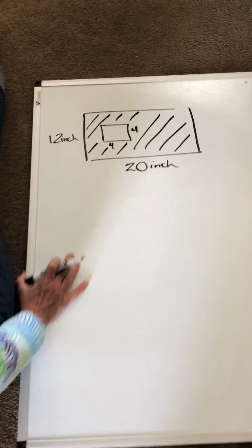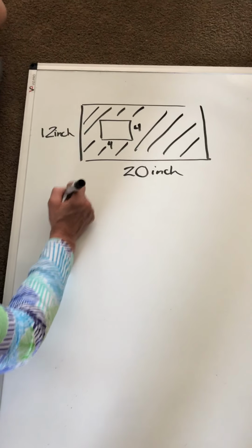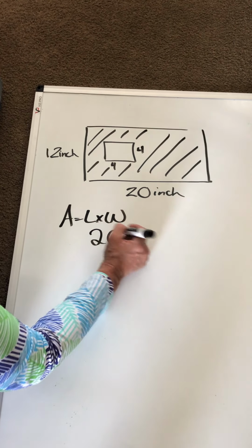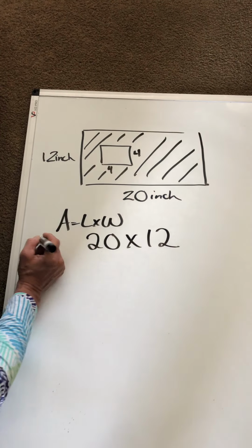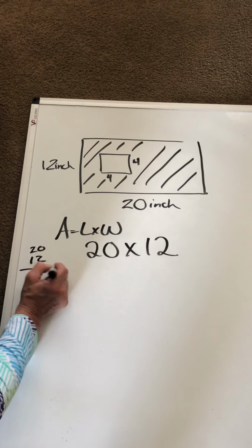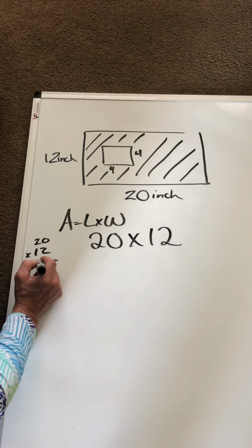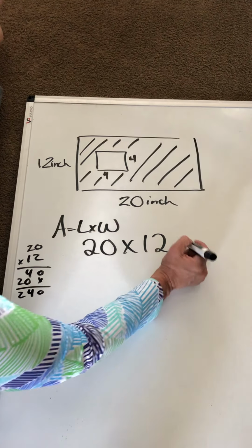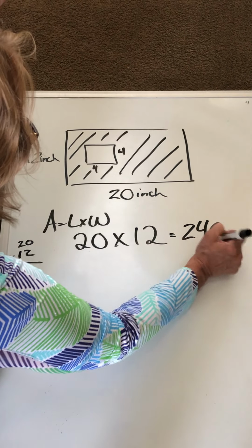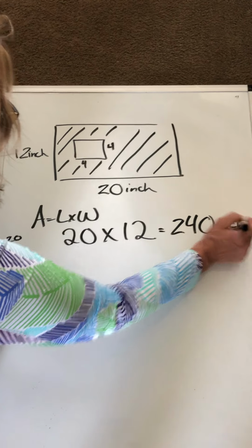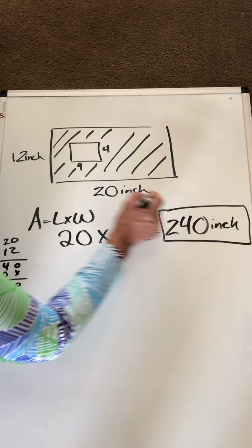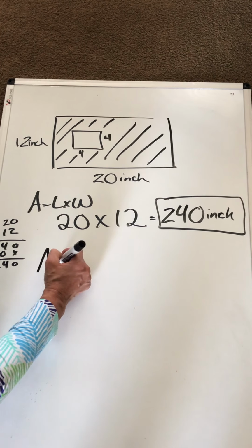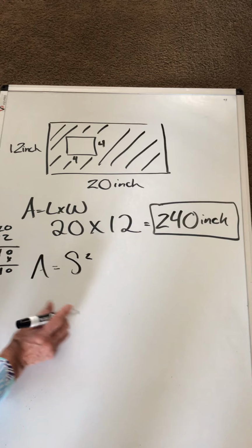So the first thing we do is find the area of the rectangle. Area equals length times width. So 20 times 12. If you have to work that out over here, that's fine. That's 0 and 4, 0 and 2. So you have 240 square inches. Then you find the area of the square. And that's side squared.